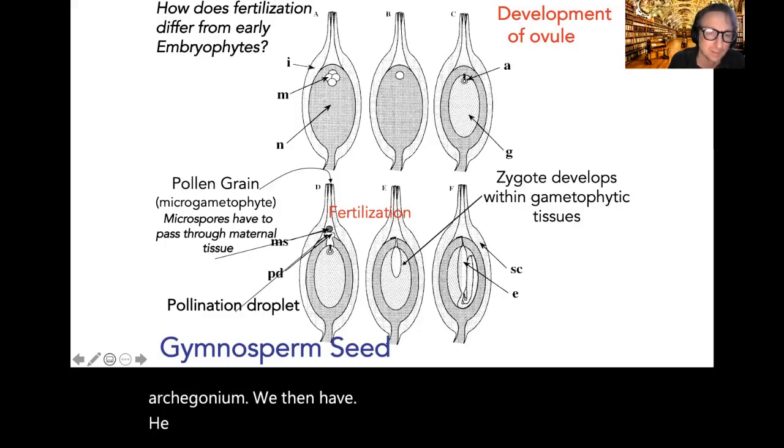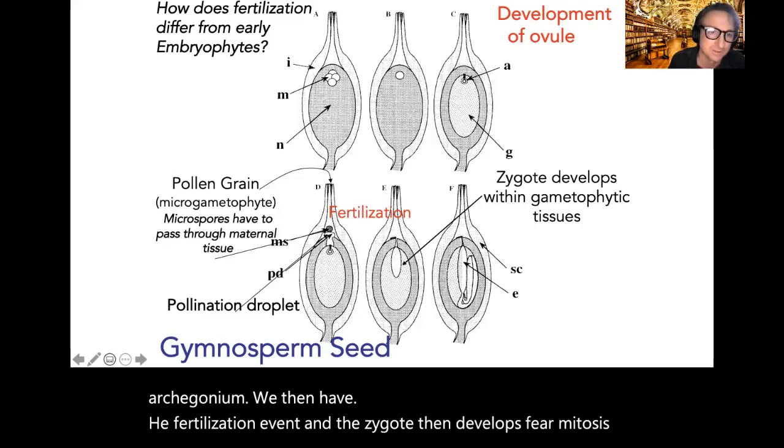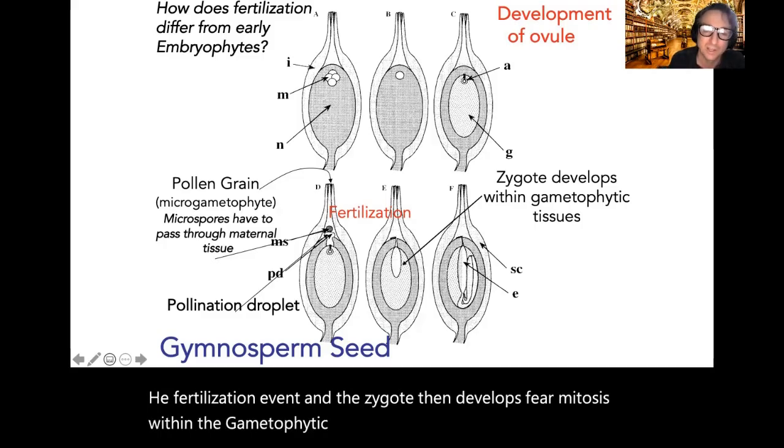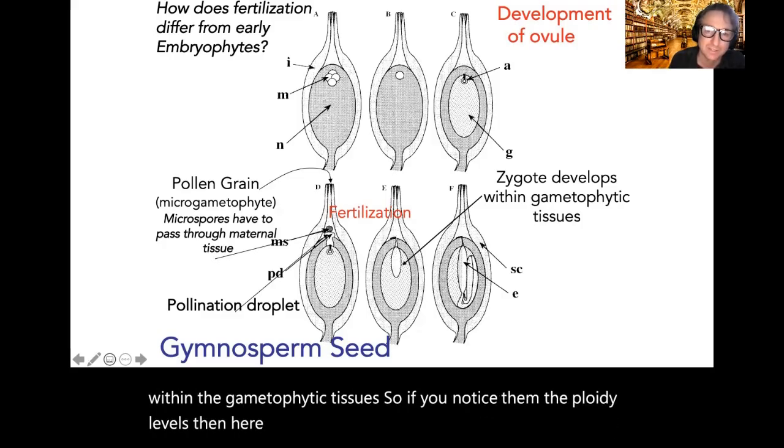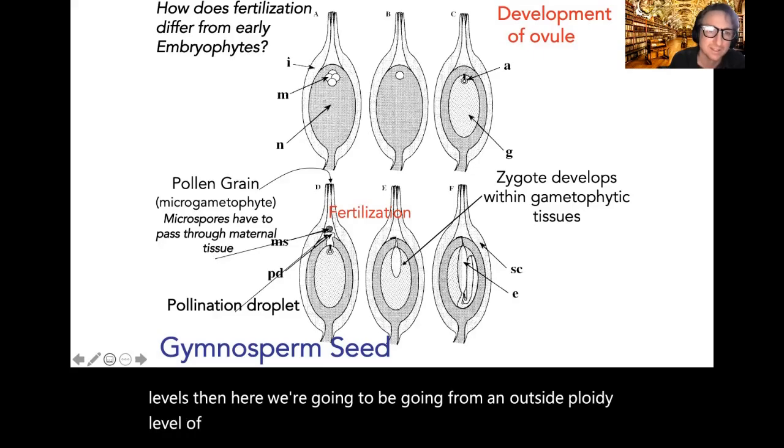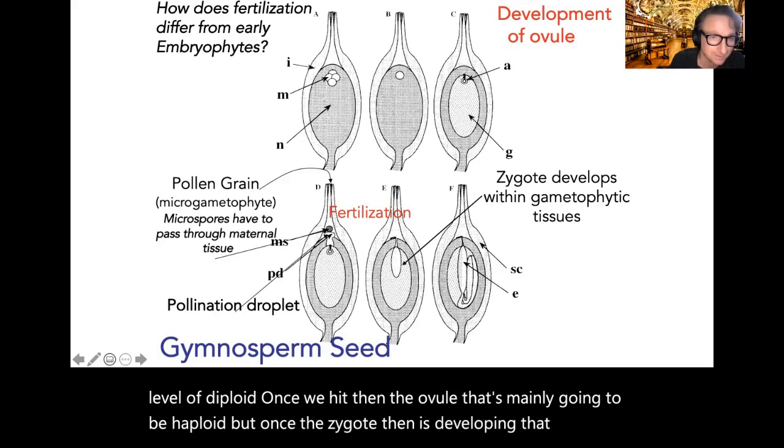The zygote then develops via mitosis within the gametophytic tissues. If you notice the ploidy levels here, we're going from an outside ploidy level of diploid. Once we hit the ovule, that's mainly going to be haploid, but once the zygote is developing, that is diploid.